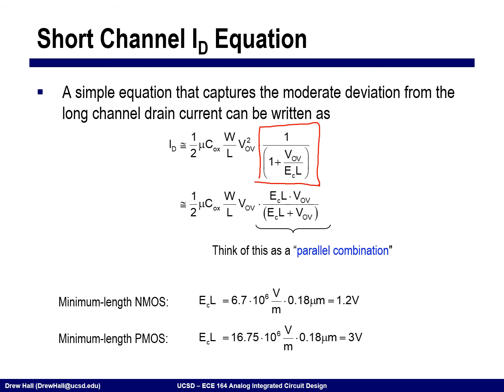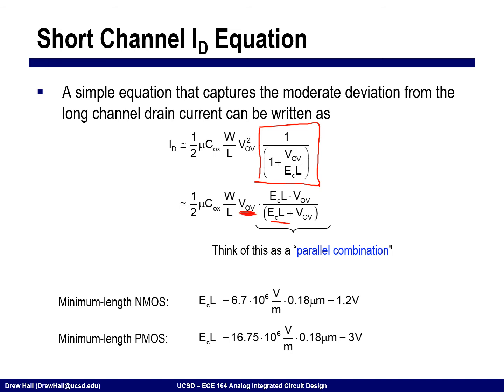And if you want, you can think of this as a parallel combination where the critical field times the channel length and the overdrive voltage are essentially in parallel, which takes this from a quadratic VOV relationship to just a linear VOV relationship.